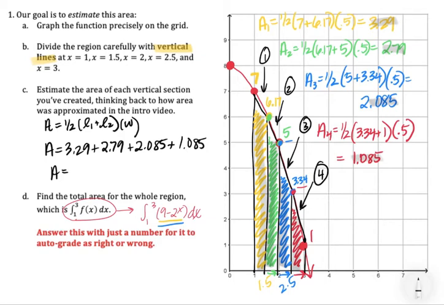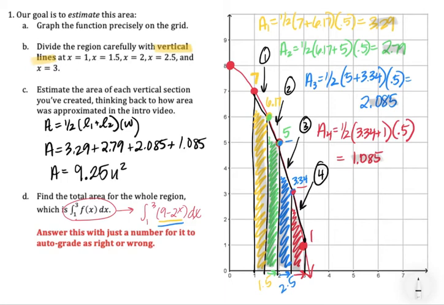Let's type that into our calculators. 3.29 plus 2.79. Sorry guys, this is where my little tiny phone calculator is not my best friend. It takes a while to type in. Cool, and my answer is 9.25.